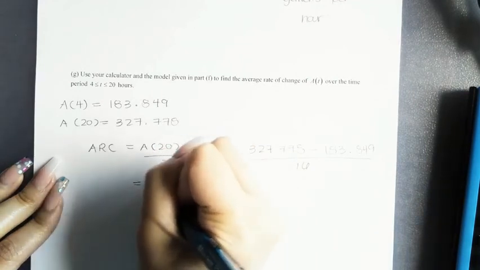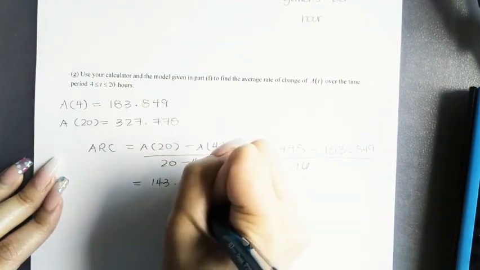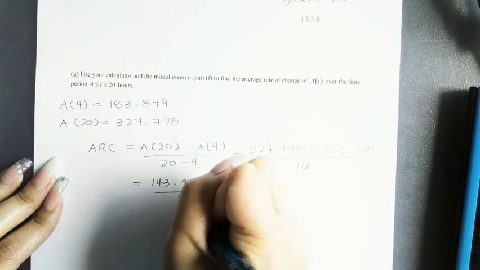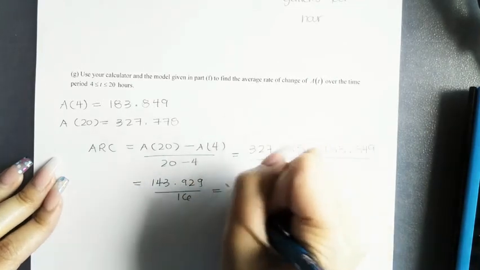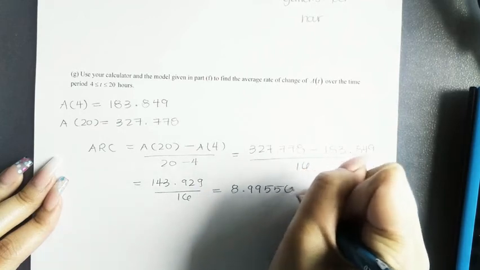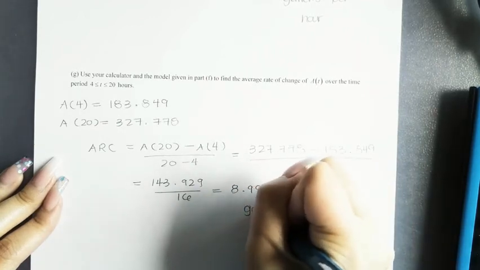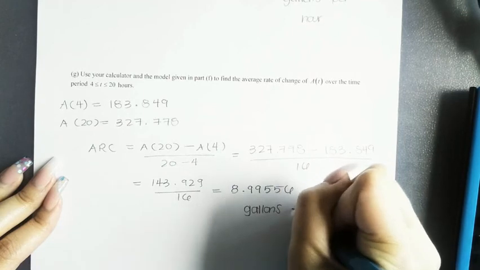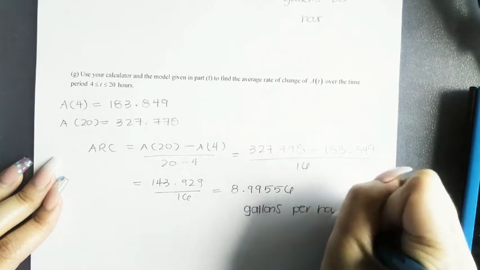This is 143.929 divided by 16, and what you have is 8.99556 gallons per hour as the average rate of change.